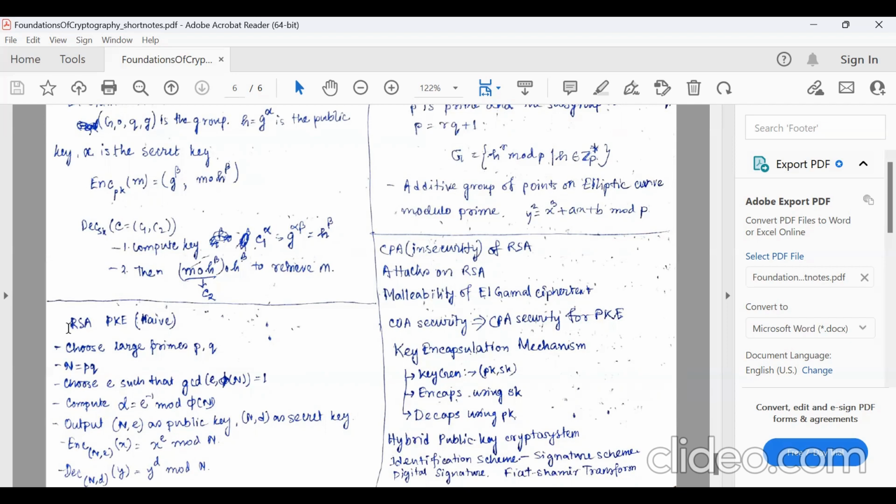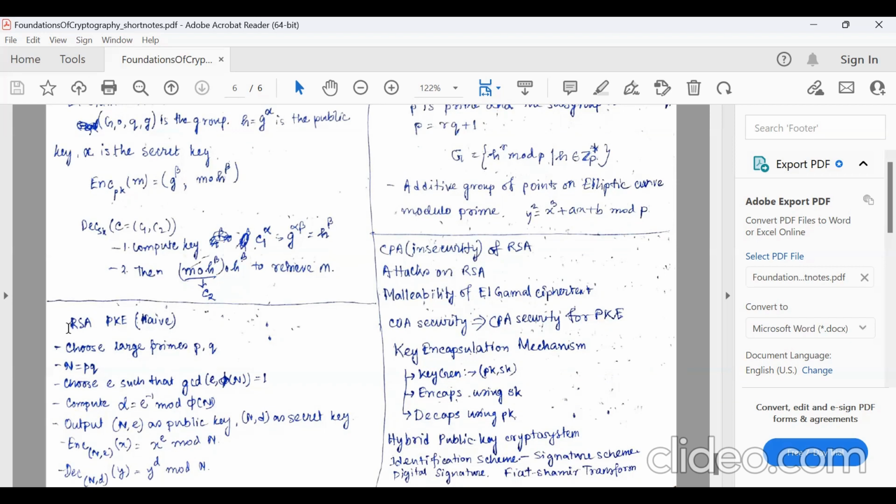That is the very naive version of the RSA algorithm. However, as you can see, the encryption algorithm is deterministic, so it is not providing the least security requirement, which is CPA security. So it does not provide CPA security, and of course neither CCA security.